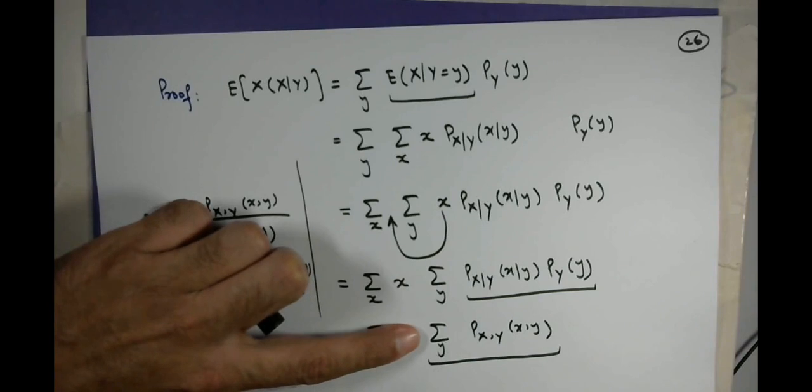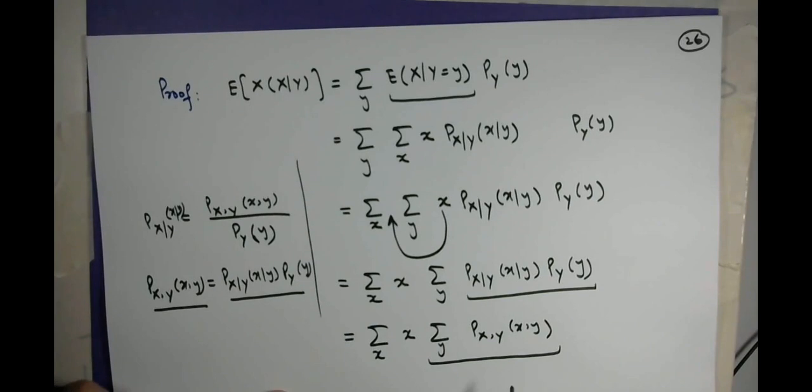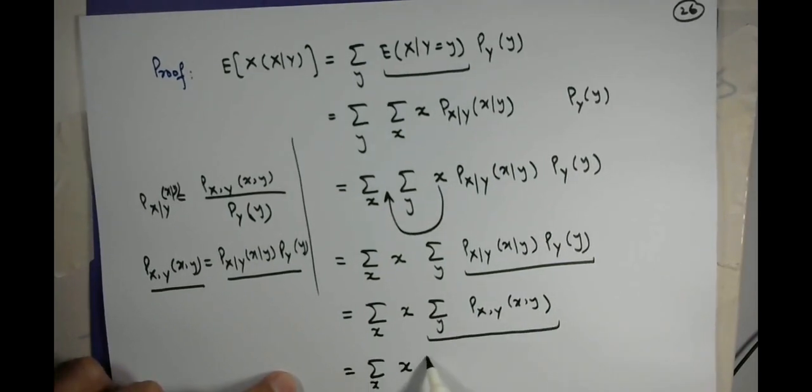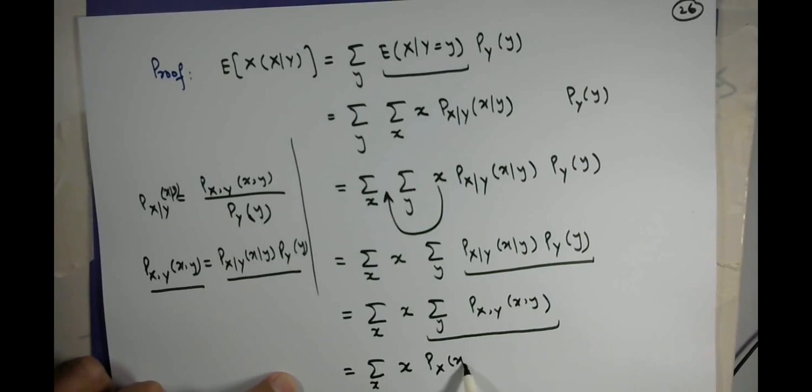So just read this and you will see that this can be written as the PMF of x, because when you sum the joint distribution along y, you get the distribution on the other variable, which is now x. So all this can be written as p sub x. So I can write it as summation on x times, and all this is p sub x of x.